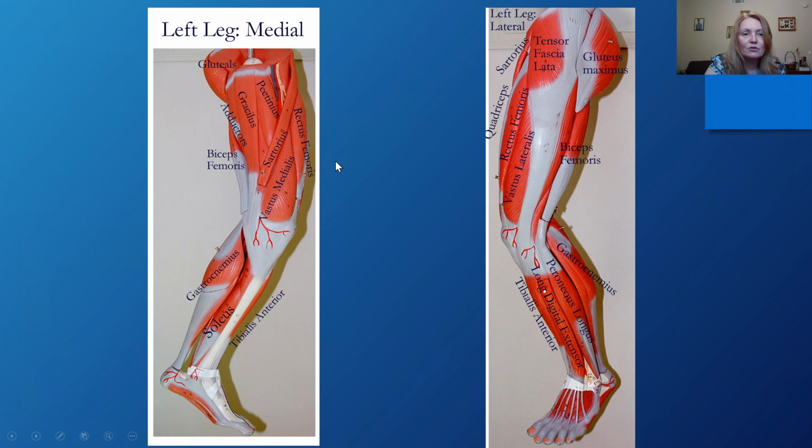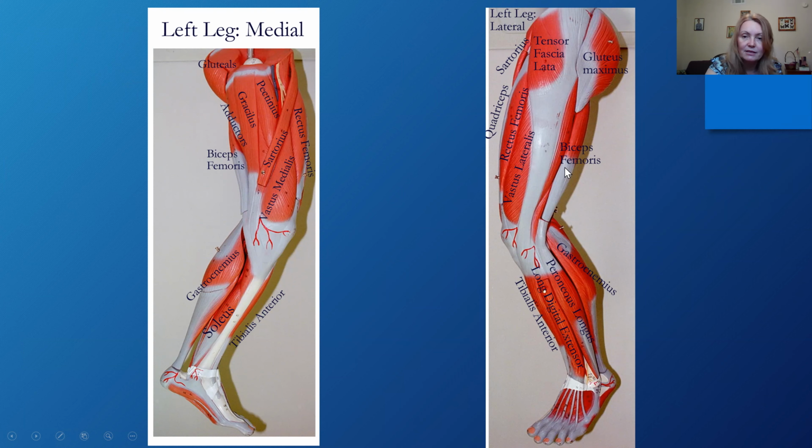Now, when you look at your thigh and the leg, this is the medial side, right? And here's our sartorius, here our gracilis, gastrocnemius, soleus over here. And this is the lateral leg, where we have gluteus maximus, tensor fasciae latae, the quadriceps group, and the hamstring group.